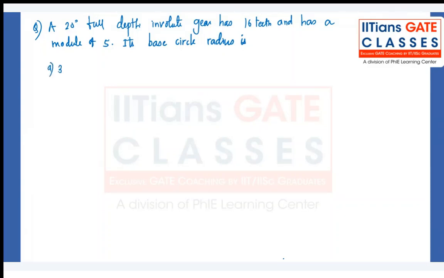Okay, let me write it down. The options: A, 3.84 millimeter less than the pitch circle radius, RP. RP is the pitch circle radius. B, less than the dedendum circle radius, RD.